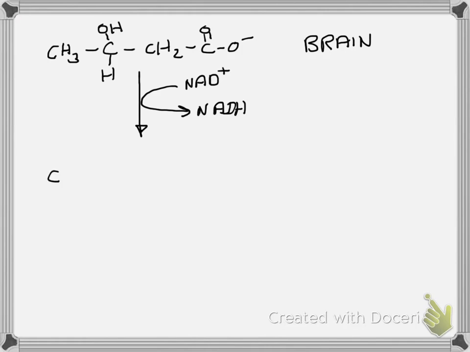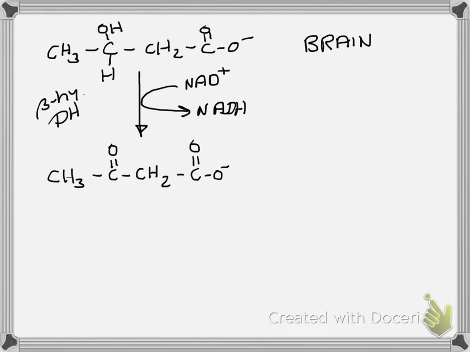So we are going to reverse that reaction, taking our beta-hydroxybutyrate, oxidizing it into acetoacetate. And this is simply the beta-hydroxybutyrate dehydrogenase enzyme in reverse. So these reactions are also occurring in the mitochondria.